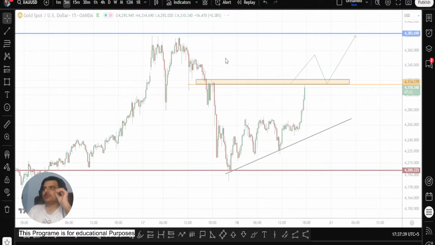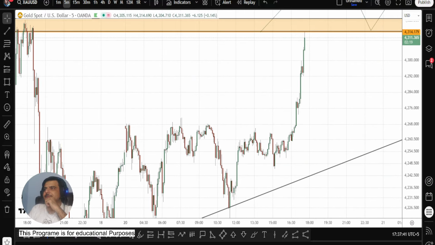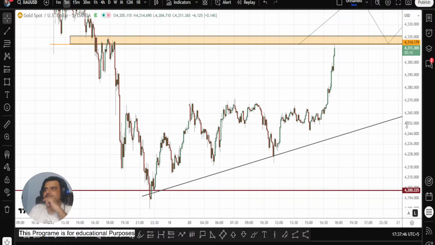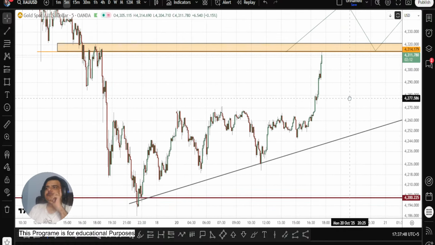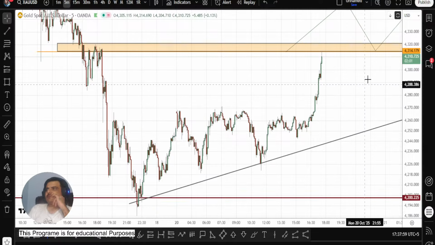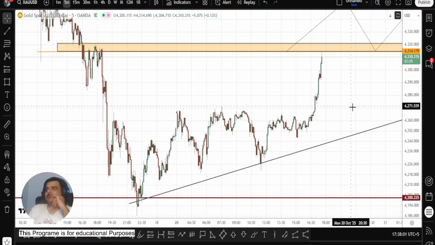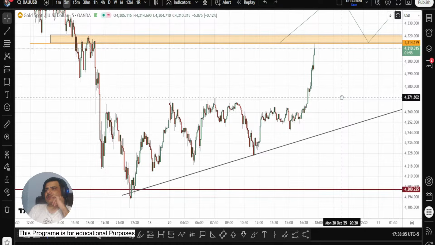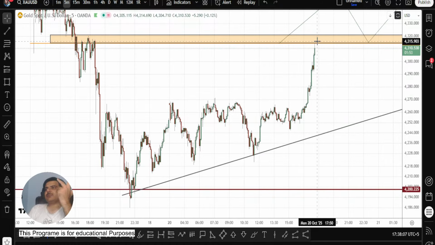Let's see the lower time frames a little bit. Well, on the lower time frames, if I see 43.10, no doubt it can push the price back down, but since I'm not selling from here, I cannot say if it is coming back down or not.